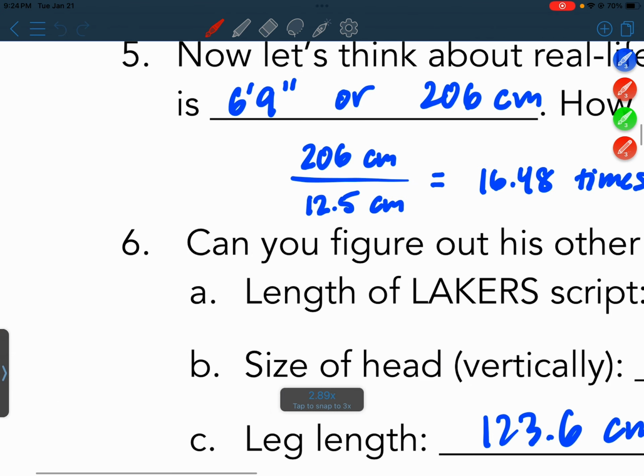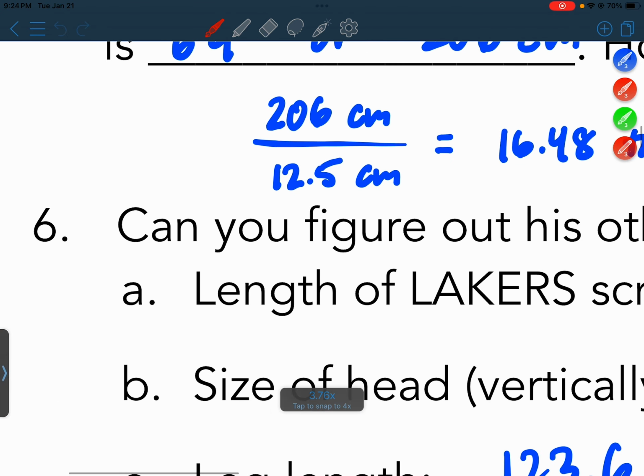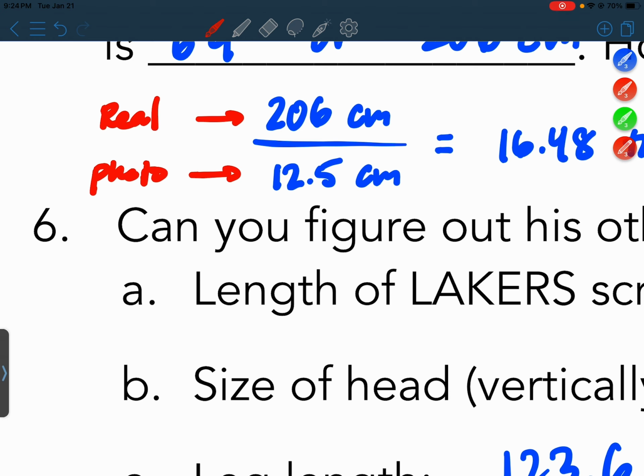All right, now here's where I want you to grab that red pen. So the two numbers in this fraction: the top number is his real life measurement, and the bottom number is his photo measurement. So in words, the ratio is real measurement versus photo measurement, or real measurement over photo measurement.